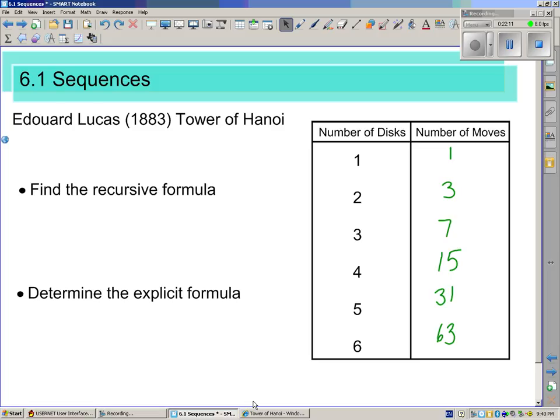All right. Here's the thing. Do you see a pattern? Can you see a pattern between the number of discs and the number of moves? Do you remember how to find patterns when you have a table of values? 1, 3, 7, 15, 31, 63. Those aren't numbers I'm used to seeing. But what are some tricks we have?